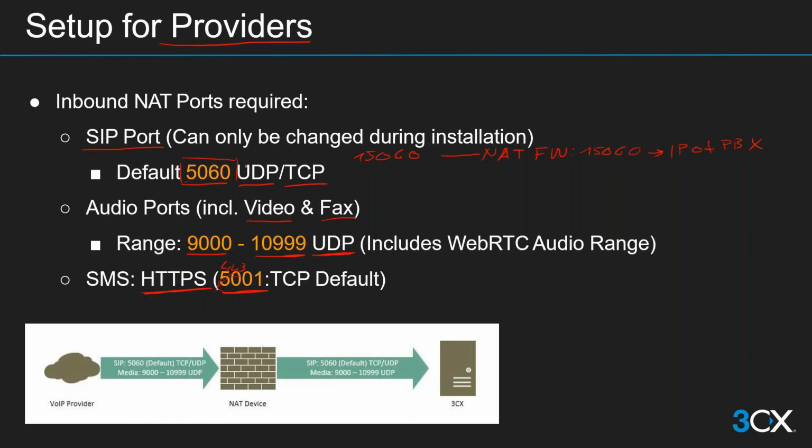When we have these 3 port ranges, so the 5060, which is the standard SIP port, the 9000 to 10999, and the HTTPS port, I stick now with 5001. If we have them enabled on the firewall, we have prepared more than 50% of our port forwarding. You will see in the next slide, nearly everything will be a replication of these ports.